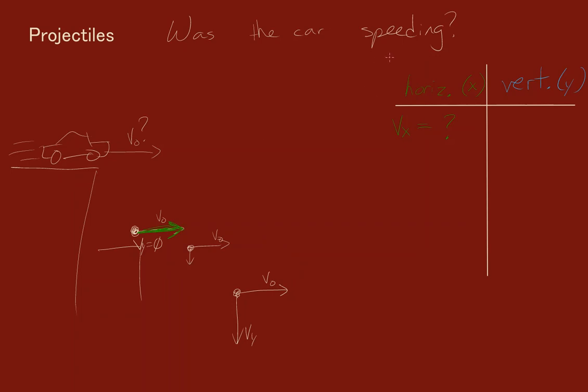And since there's no acceleration there, our equation for the horizontal simply looks something like this. So for the horizontal, we really only have 3 variables.